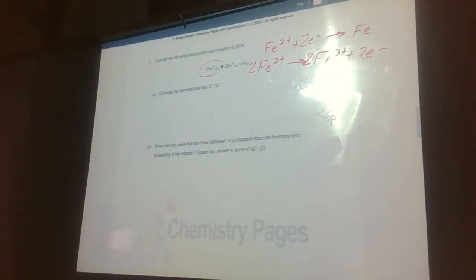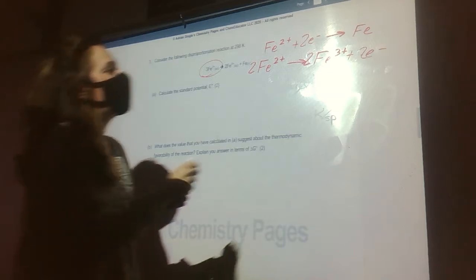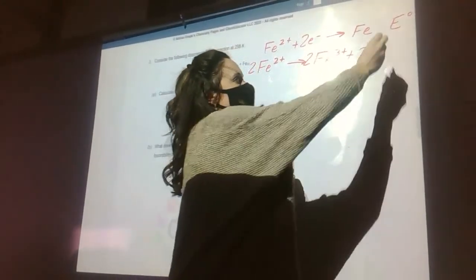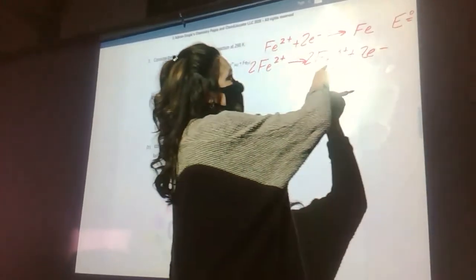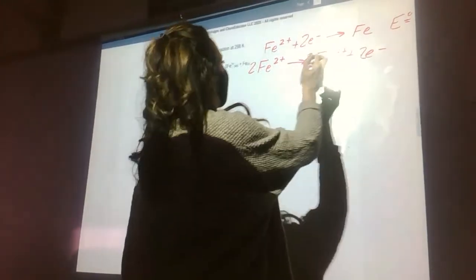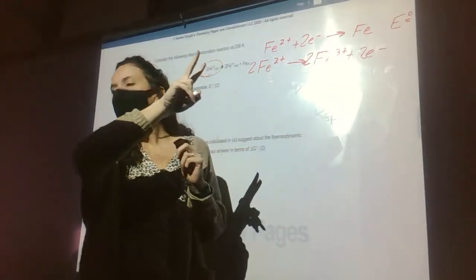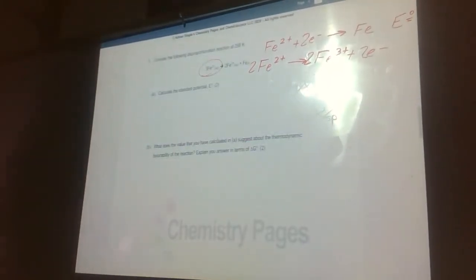Okay? So then I'm supposed to calculate the standard cell potential for this. So I'm going to go on the table. I'll find this reduction. And I'll find this on the table, but as a reduction, so it'll be flipped. And it will just be Fe3+ plus 1 electron. And I'll have to flip the sign.